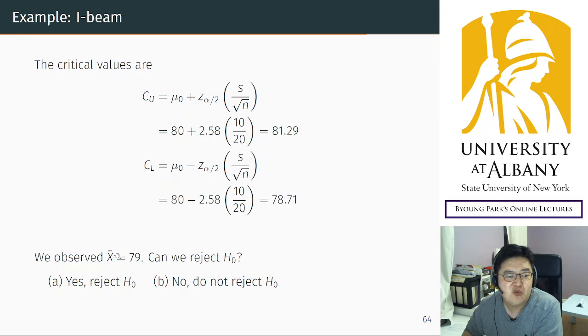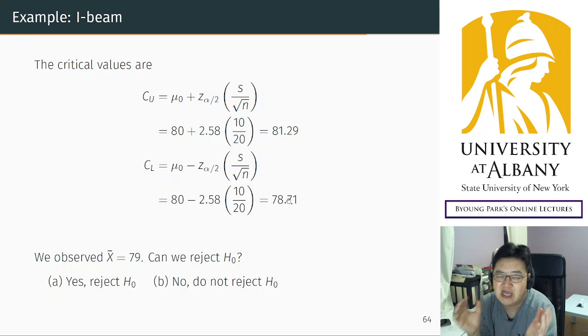By the way, we obtained critical values like this, and we observed a sample average of 79 millimeters. Then do you reject the null or not? The answer is no, we do not reject. Because as I said, if the sample average is between these 2 points, then it is close enough to 80, the correct size, so we do not reject the null hypothesis.